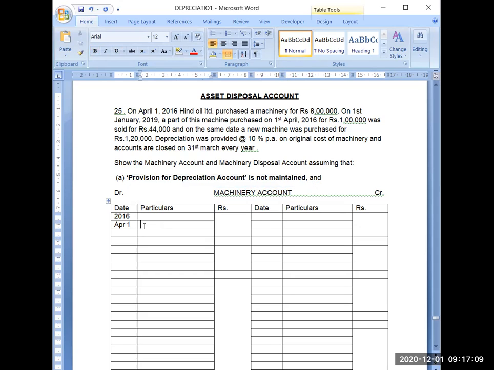So here we will make the entry to bank account, and the amount will be 8 lakh. Now we have to see whether any other transaction is there in 16-17. There is no other transaction given in 16-17, so we will reach the end of the year, March 31st 2017.